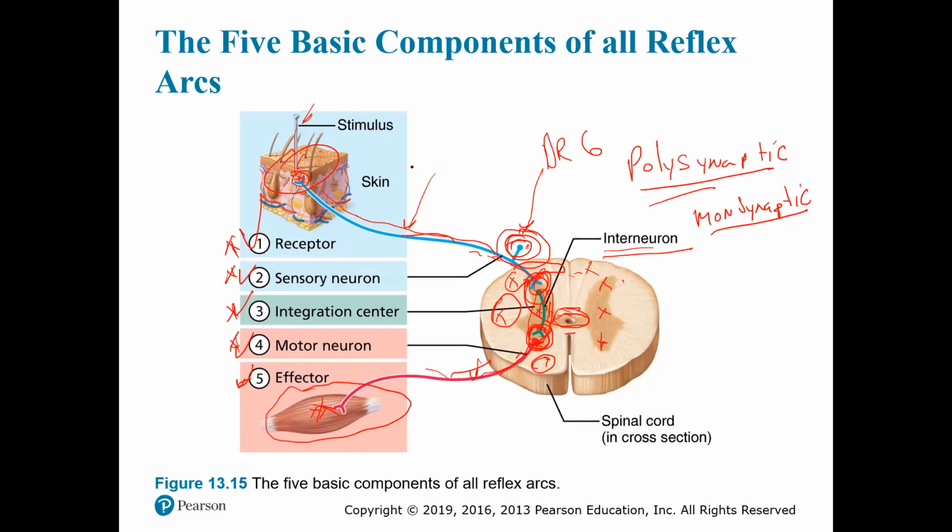So what's happening here is that all the information is happening on one side, and a one-sided arc, or same side, is called ipsilateral. So like the stretch reflex is ipsilateral, and the flexor reflex, or withdrawal reflex, is also ipsilateral.